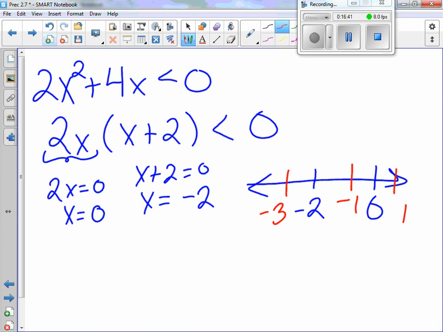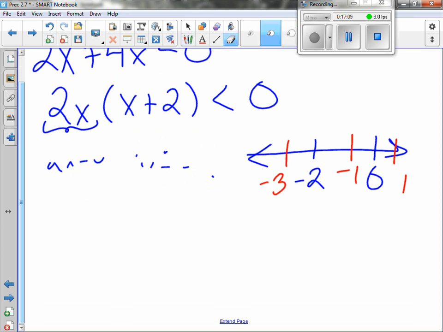I'm just picking 3 values in between. I want to try to keep them whole numbers because decimals aren't as nice. If I can avoid a decimal, I'm going to avoid one. If I have to have a decimal, I normally do halves, as we saw in the last one, -4.5. Because quarters don't work as well. They'll get you the correct answer, but they're harder to work out unless you have a calculator.